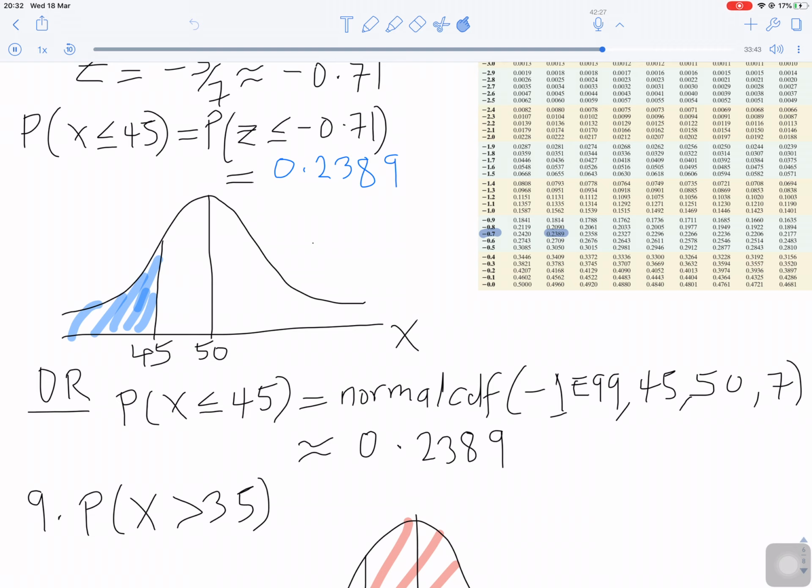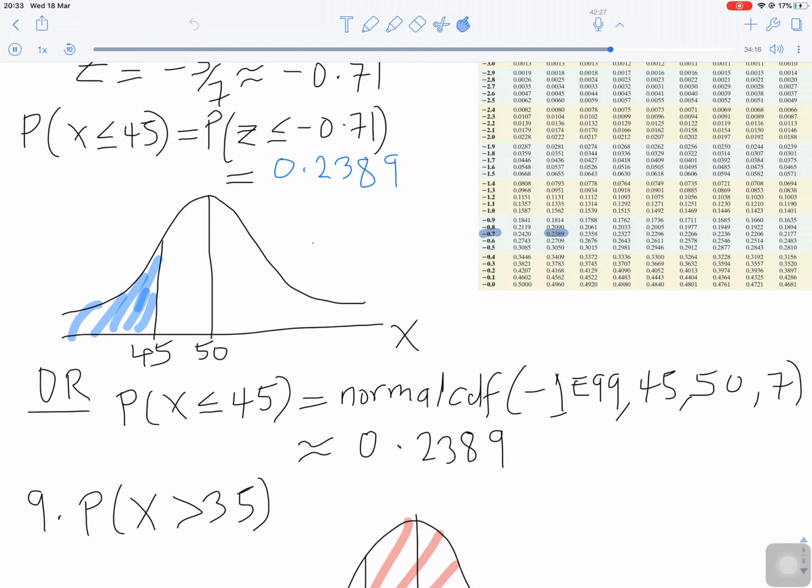So normal CDF. Looking at the shaded region, you start off with the smallest value, then the largest value, the mean, and then the standard deviation. The smallest value is negative infinity, and the calculator way of writing it is negative 1e99, followed by the upper bound, which is 45, then the mean of the distribution, 50, and the standard deviation, 7.